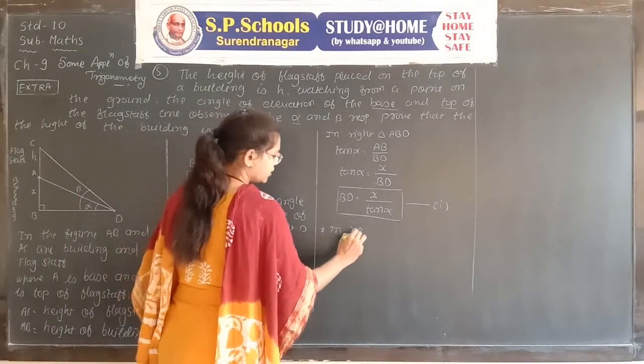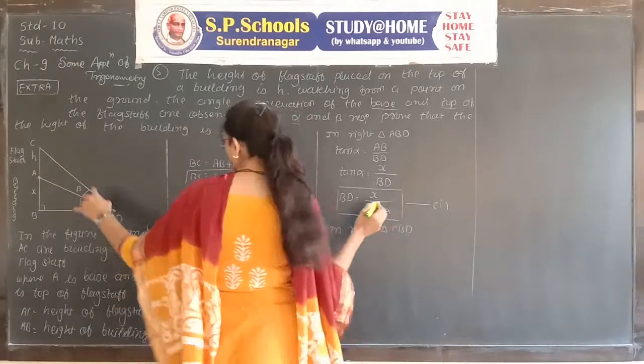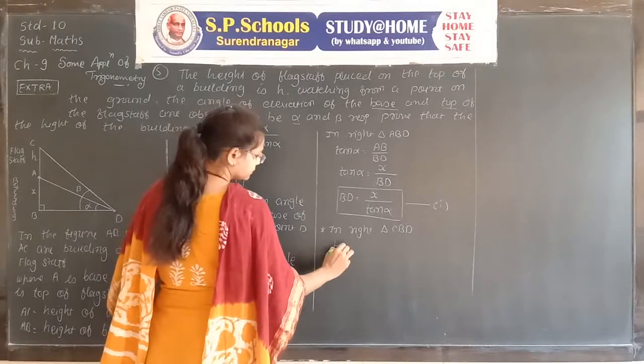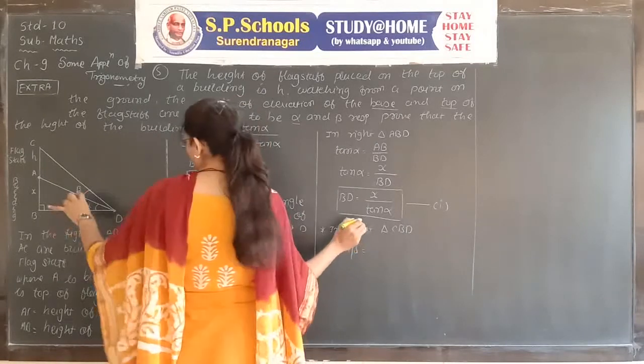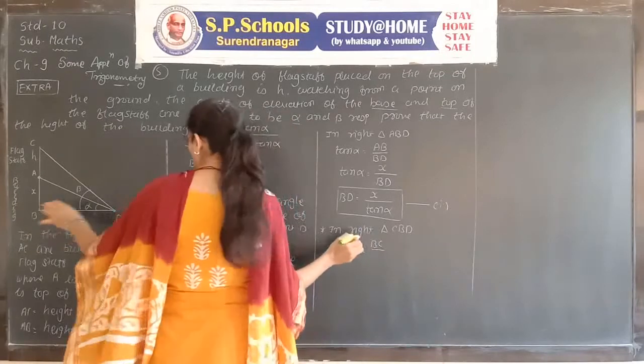Now apply trigonometry ratio tan in right triangle CBD. In right triangle CBD, use tan beta is equal to its opposite BC upon adjacent BD.